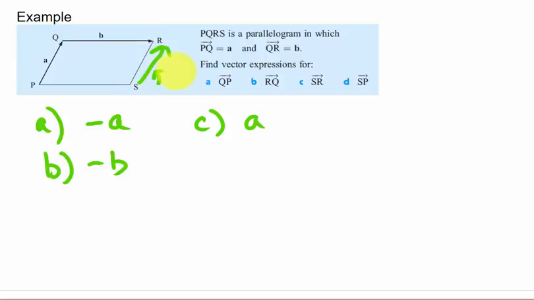It's just moved parallel, but it's still identified as A. And D, which is SP, has the same magnitude as QR, but again, it's the opposite direction, so we would call that negative B.